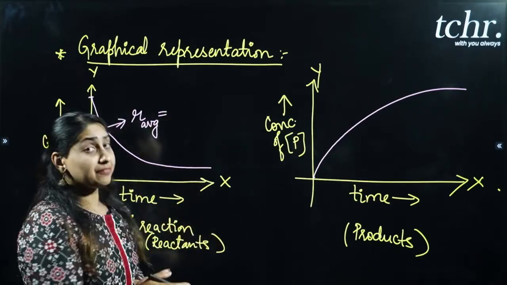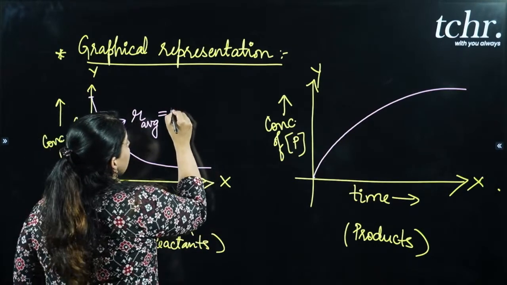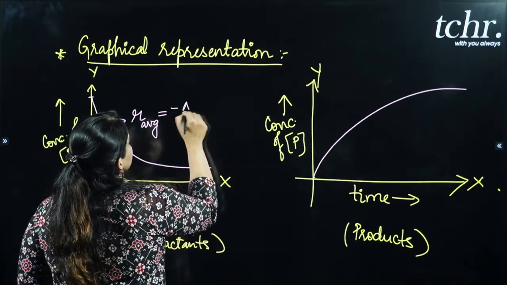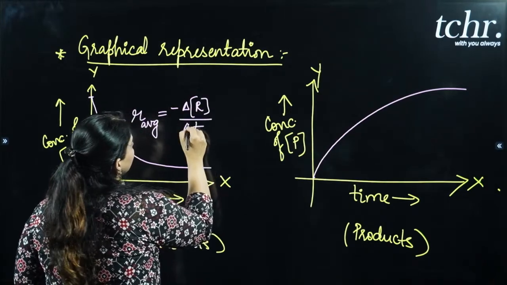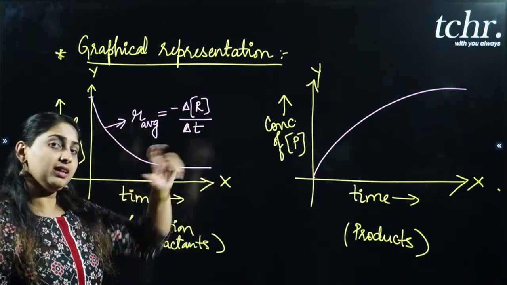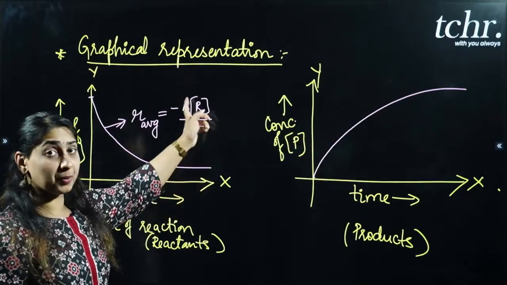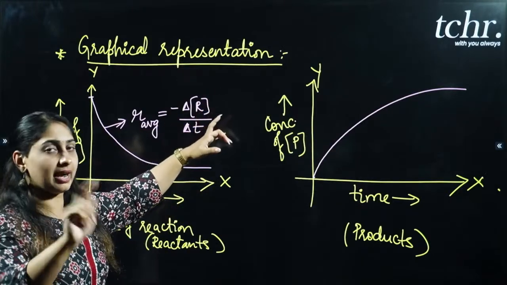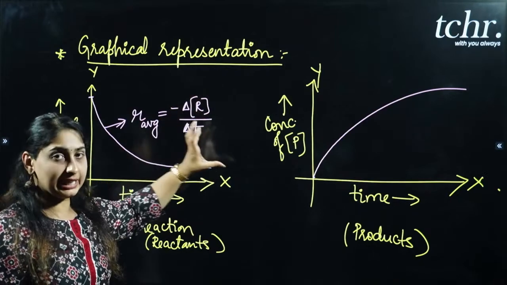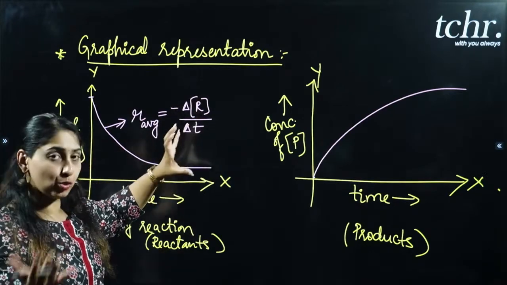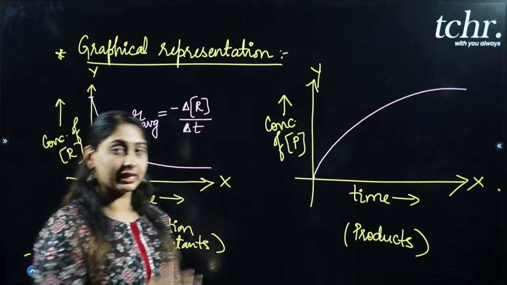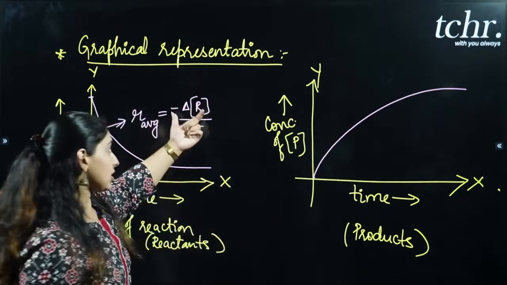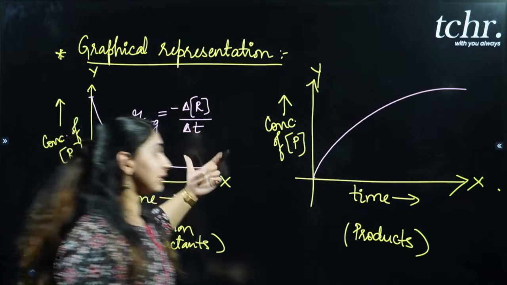What is the average rate of the reaction? It is minus change in the concentration of reactants divided by delta T, or you can also express it as plus change in concentration of products. Usually we consider either products or reactants to mention the rate of the reaction, because both are one and the same. So generally, reactants will be the reference, and from now on I will explain taking the reactant concentration as the reference.